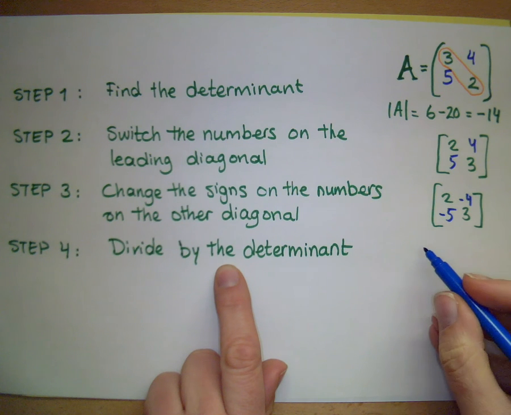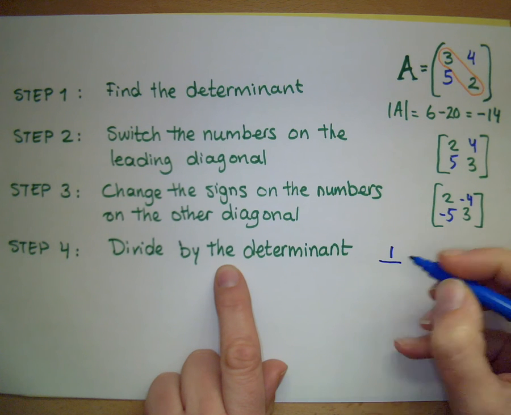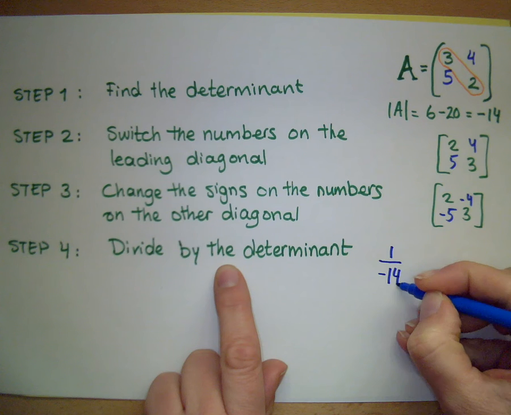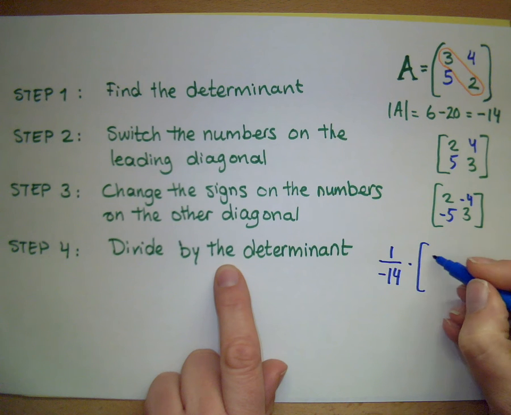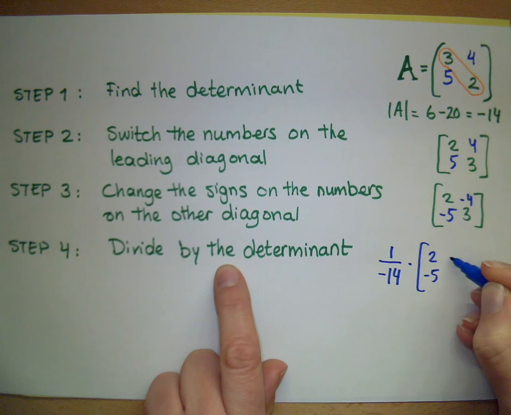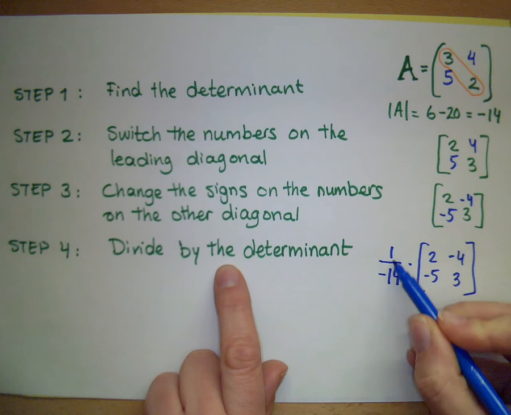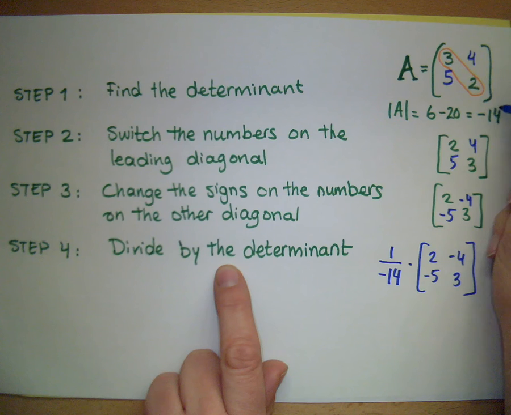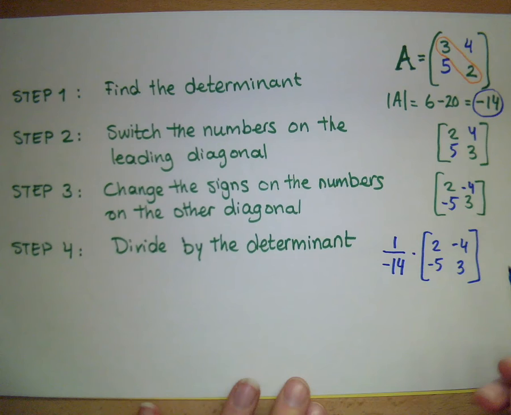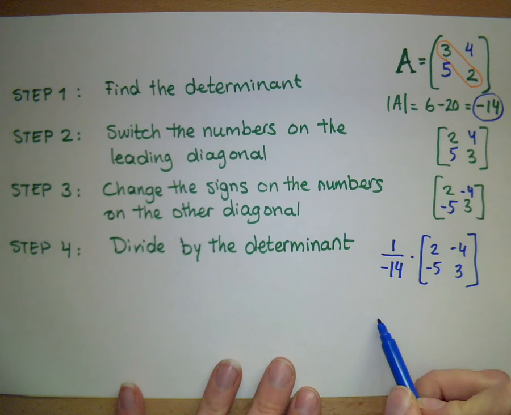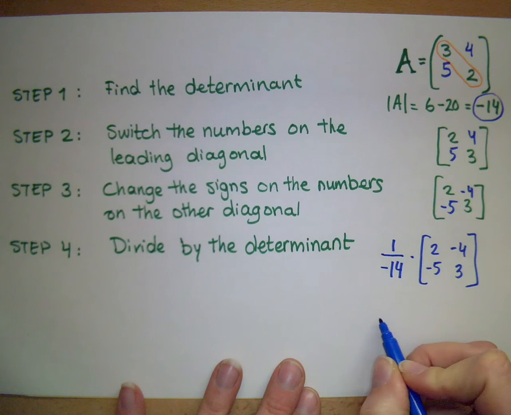Dividing by the determinant is actually multiplying by its inverse, right? The determinant was negative 14, so it's 1 over negative 14 times that, and we do that for each term. Goodness, why did I have to pick a hard one like that?